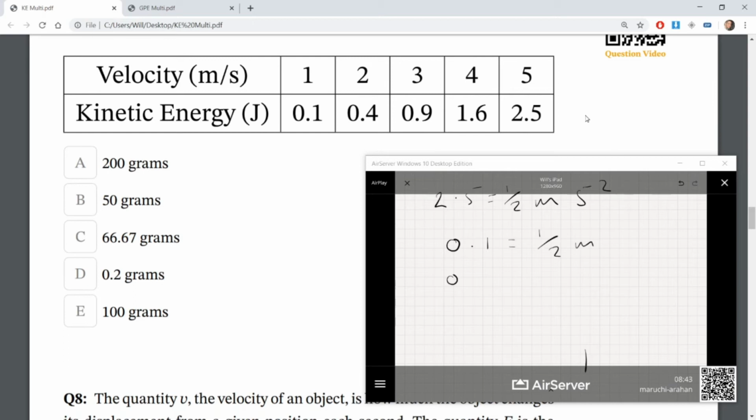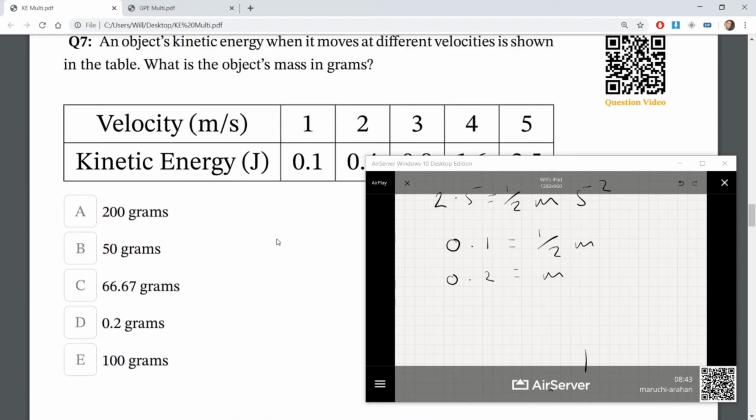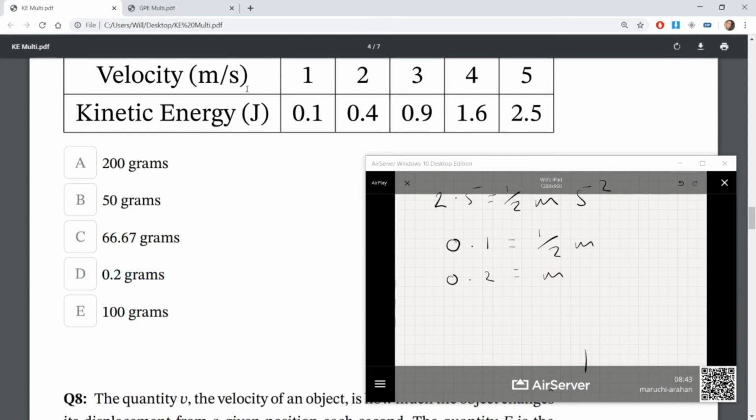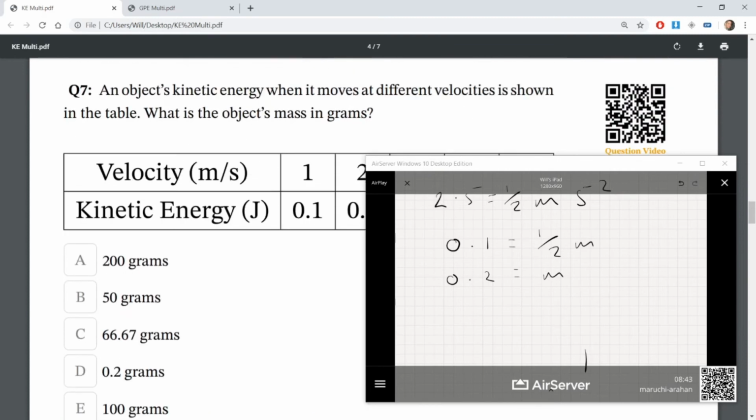Multiply both sides by 2, 0.2 equals m. So 0.2 kilograms. Careful with that, because you might just jump straight in and go, oh, there you go, it's 0.2, but it's 0.2 kilograms, because both of these values are in our standard units. So if it's 0.2 kilograms, then it is 200 grams.